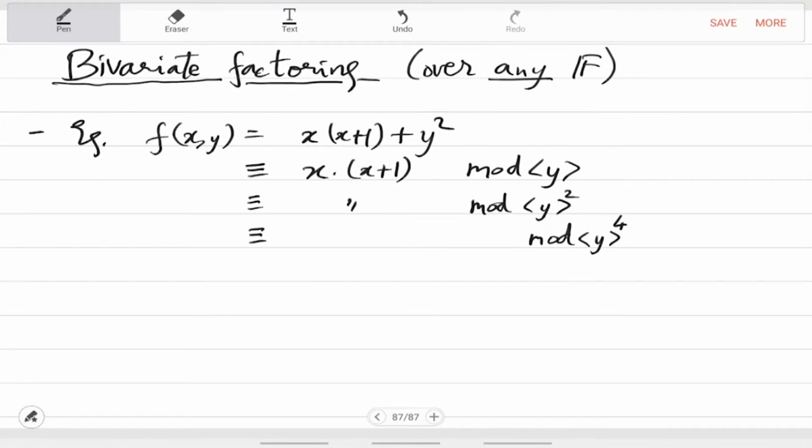Intuitively the x mod y square should lift to mod y to the 4, which means that you have to perturb x by some multiple of y square, and similarly x plus 1 you have to perturb by a multiple of y square. So what are these perturbations? So this will work.